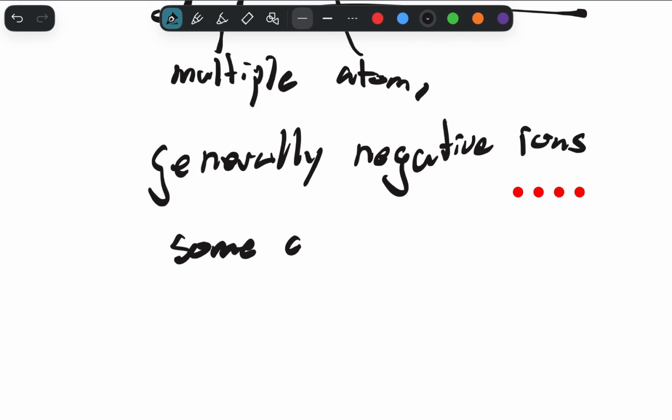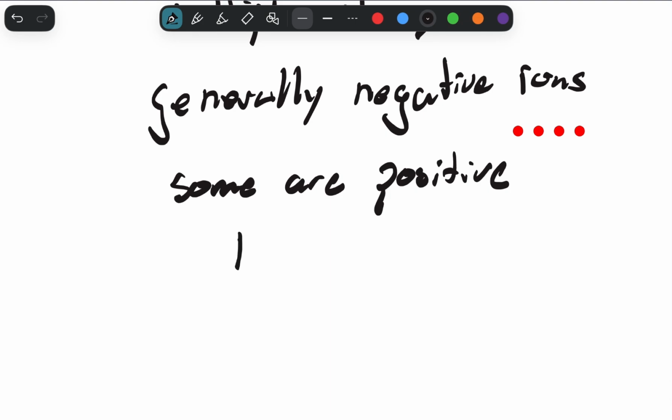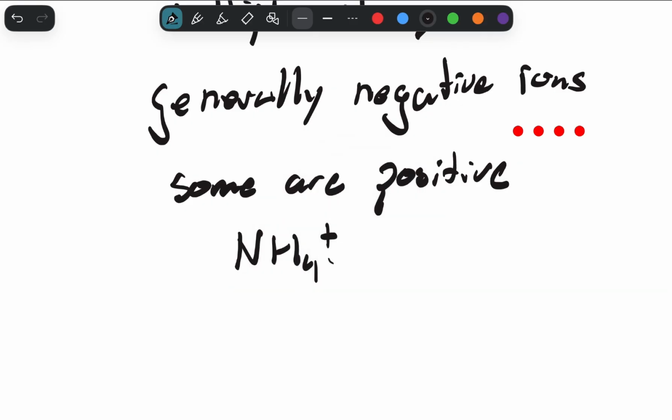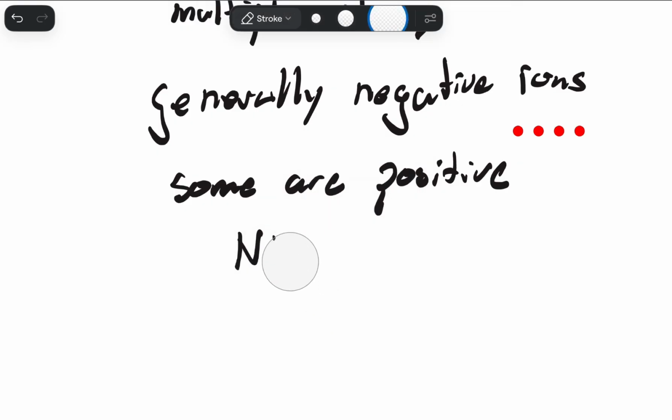For example, NH4 is a positive one. You'll learn it in reactivity 3. But there are a couple you need to know. Actually, you have to know them for IB.